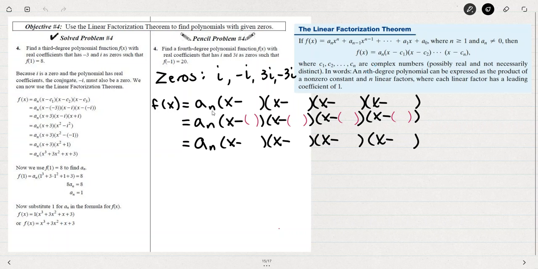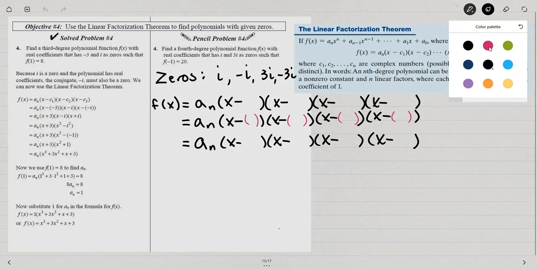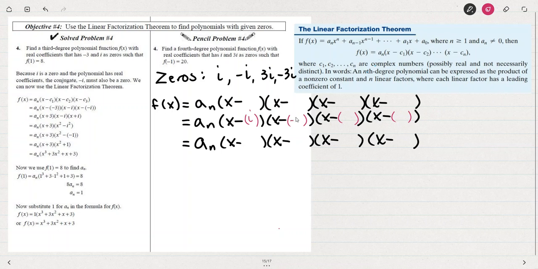So here's what it would look like. We've got that f of x is a sub n, some coefficient, times x minus each of these zeros. So x minus i, x minus the opposite of i, x minus 3i, x minus the opposite of 3i.